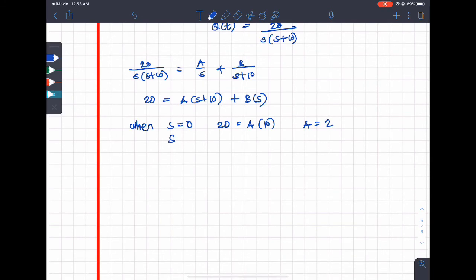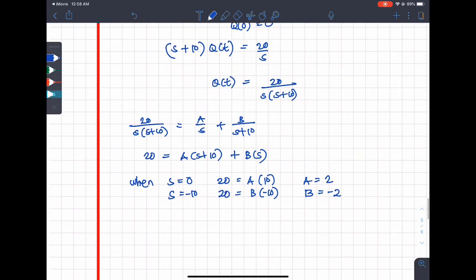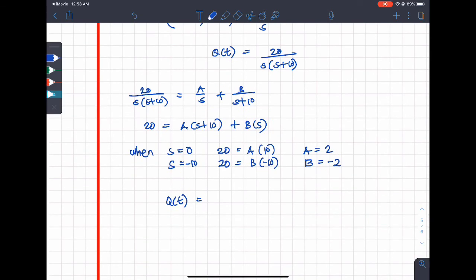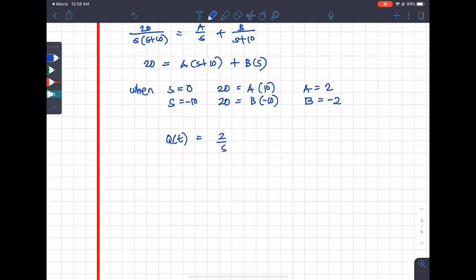And when s is equal to negative 10, 20 equals negative 10 times B, so B would be equal to negative 2. So from here, we have Q(s) equivalent to 2 over s minus 2 over (s+10).